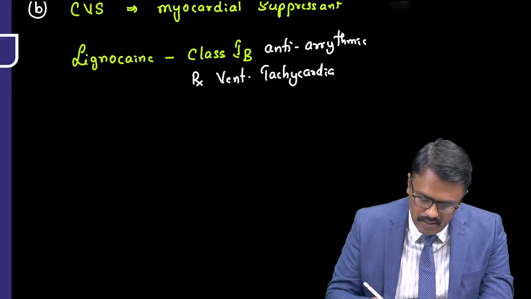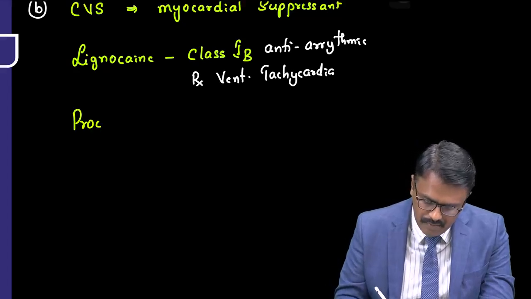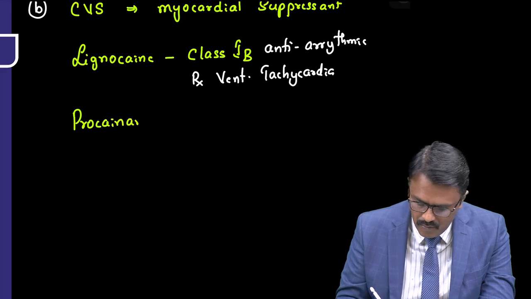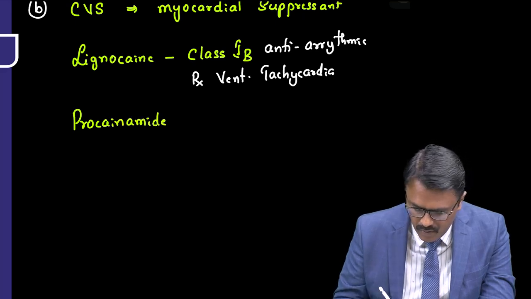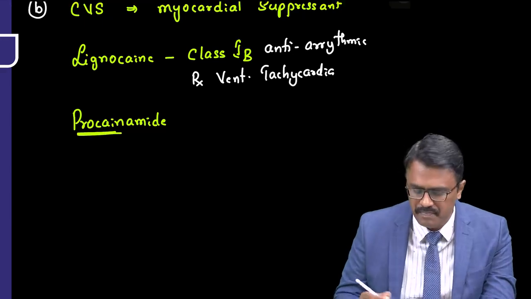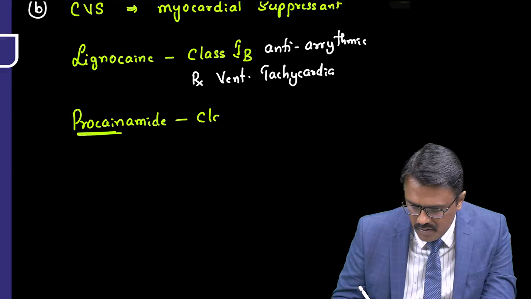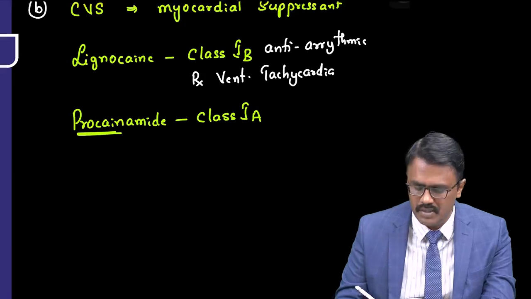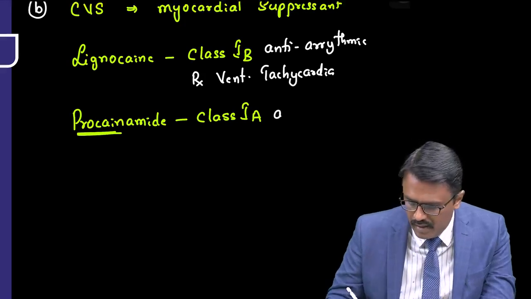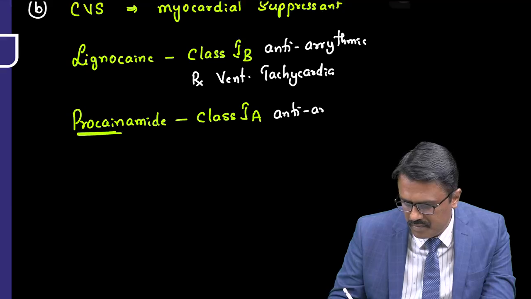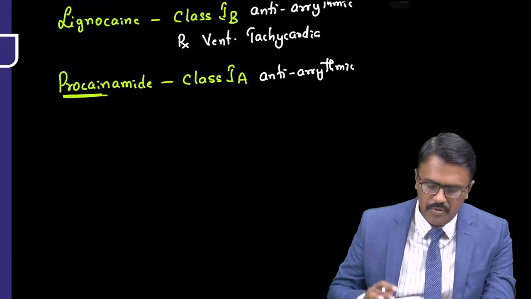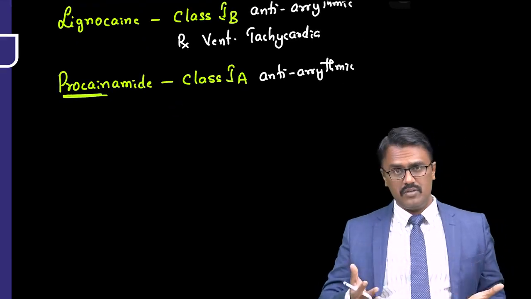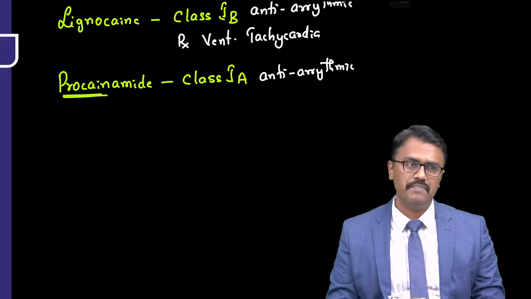Now again there is a drug called procainamide. Now procainamide is derived from procaine. You know the local anesthetic procaine, and it belongs to class 1A antiarrhythmic. But remember, if you are using these local anesthetics at high dose, they themselves can cause arrhythmia.